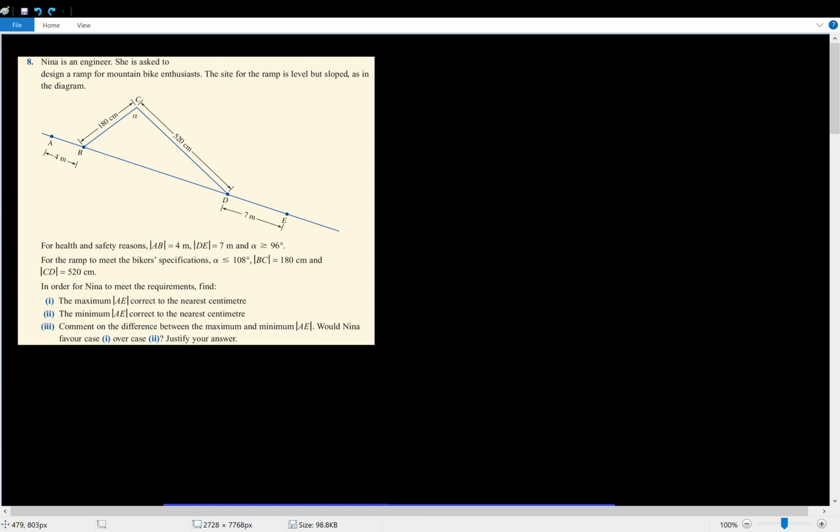So the first thing we've got to pay attention to in this is the angle alpha that we've got here. Alpha has to be greater than or equal to 96 degrees, and it has to be less than or equal to 108 degrees.